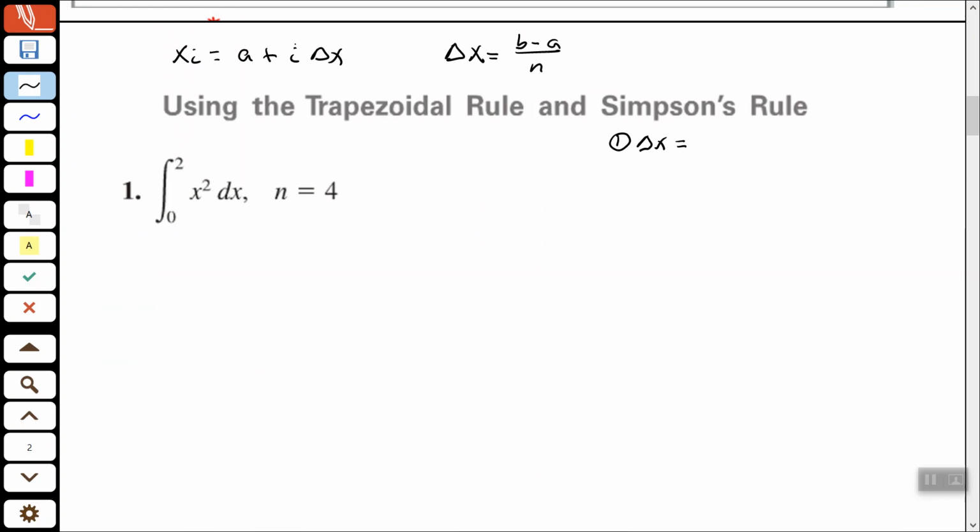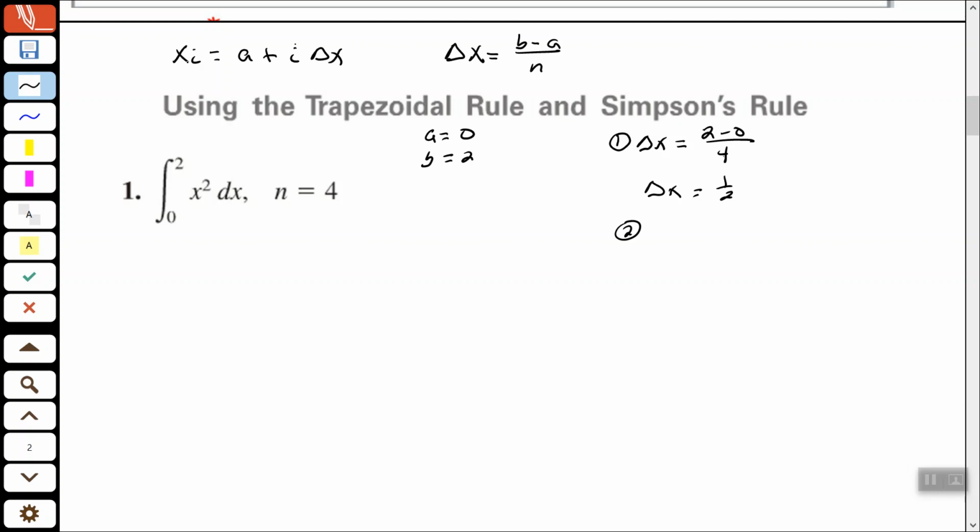Okay, so remember, a in this case is equal to 0, the lower bound, and b is equal to 2. And then it tells us that n equals 4. So we see that delta x equals 1/2. So the next thing we want to do is we need four intervals going from 0 to 2, so we need to find x sub 0, x sub 1, x sub 2, x sub 3, and x sub 4.